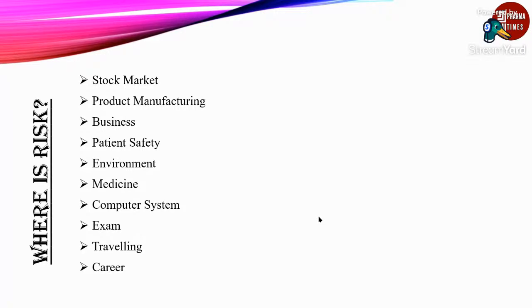Computer systems are very critical in the pharma industry, as we are discussing for computer system validation. If a medicine is not tested, or R&D is not done, then a medicine prescribed by a doctor is also a type of risk for the human body. Environment is also a risk.